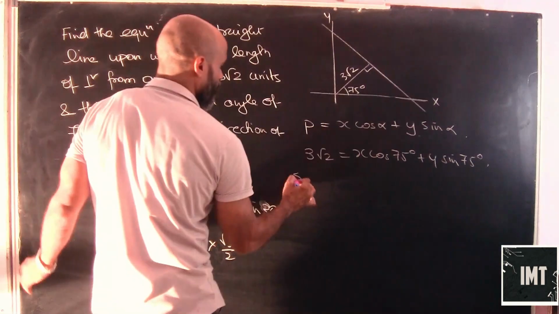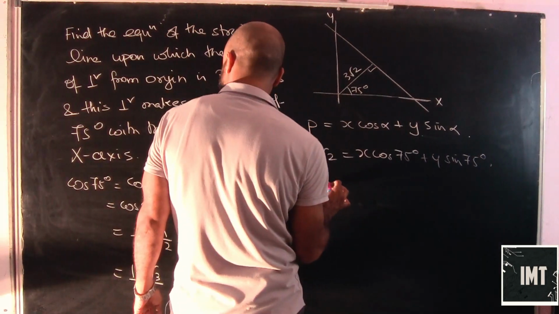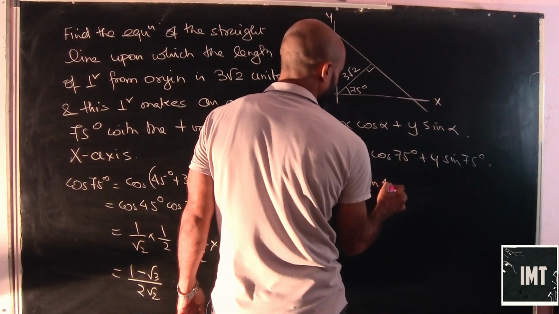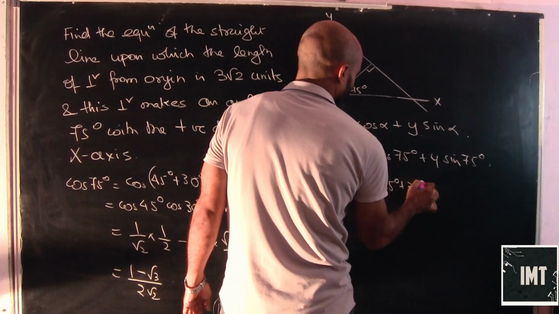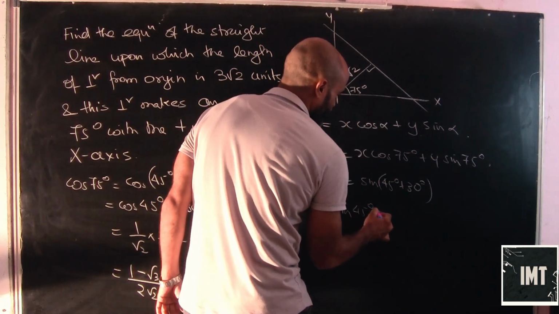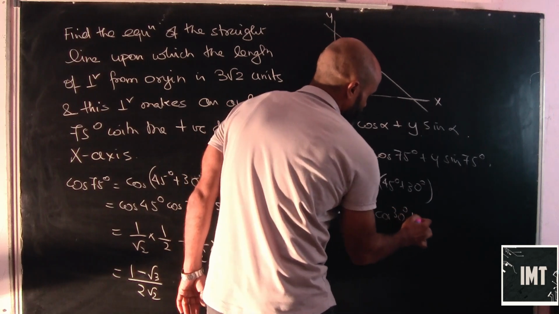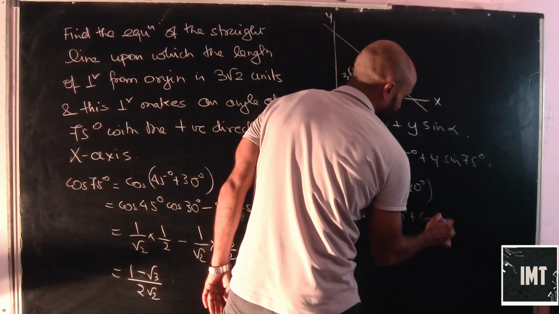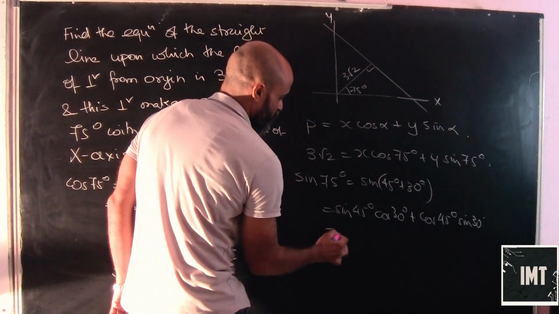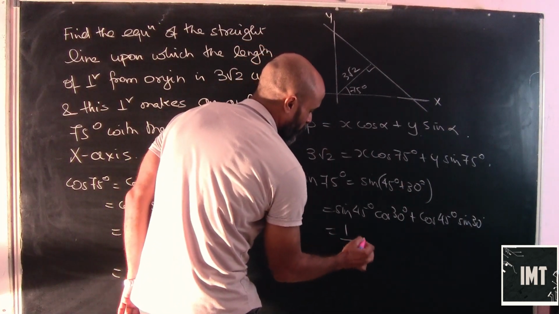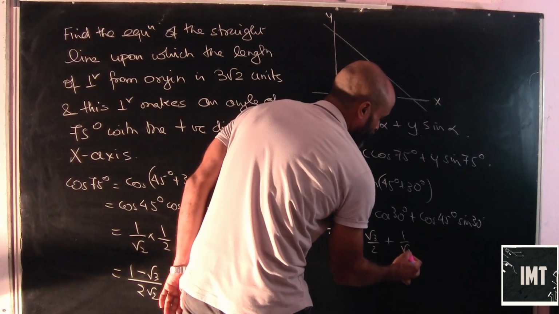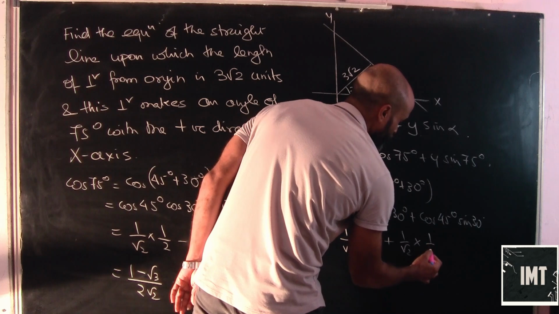Okay, and similarly sin 75 can be written as sin of 45 plus 30, which is basically equal to sin 45 cos 30 plus cos 45 sin 30, that is sin A cos B plus cos A sin B. So sin 45 is 1 by under root 2, cos 30 is under root 3 by 2, plus cos 45 is 1 by under root 2 into sin 30 is 1 by 2.